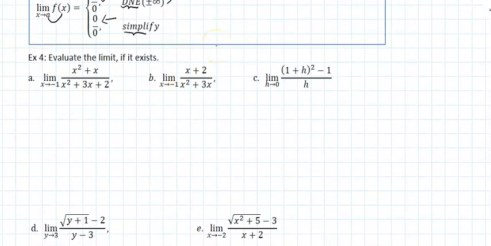Evaluate the limit if it exists. Again, we're not going to make a table and choose x values. We're not going to do that anymore. Evaluate the limit without a calculator.